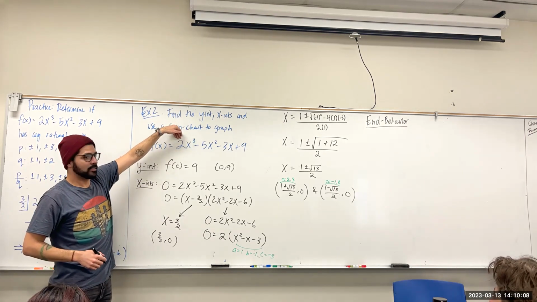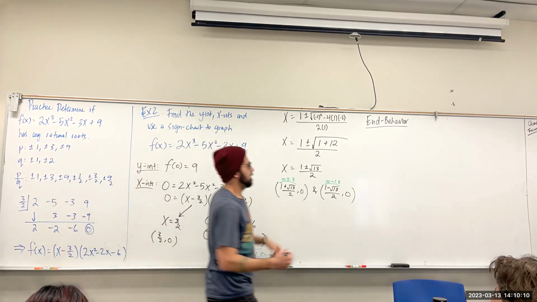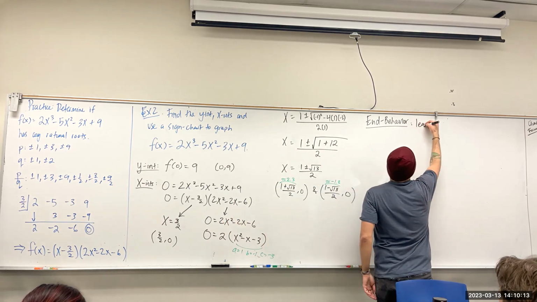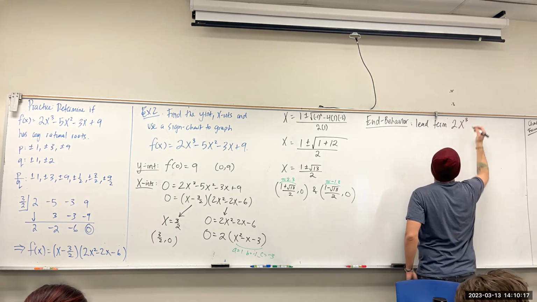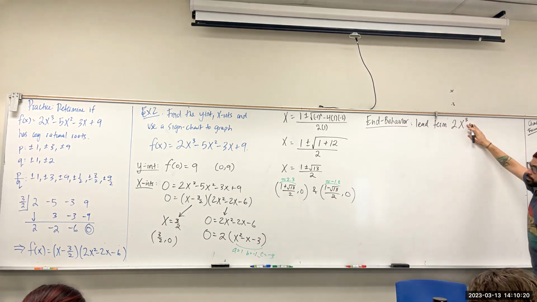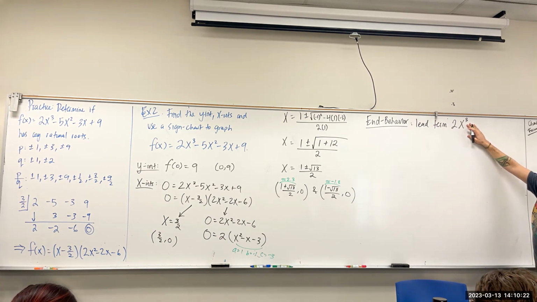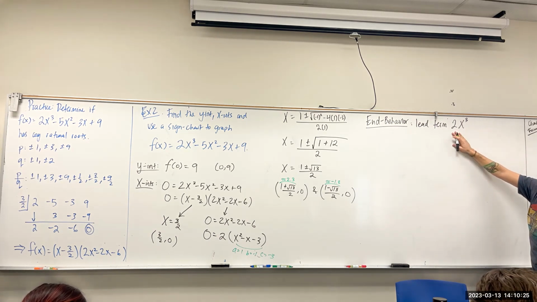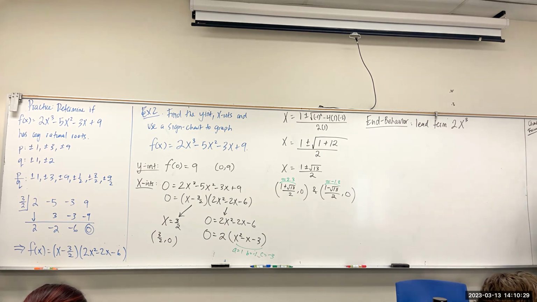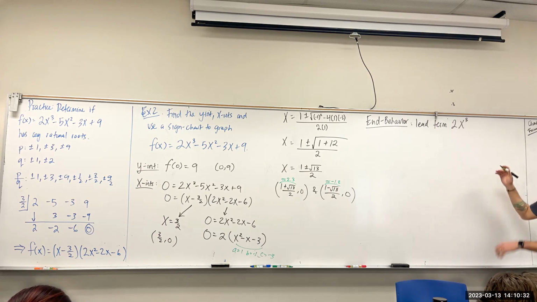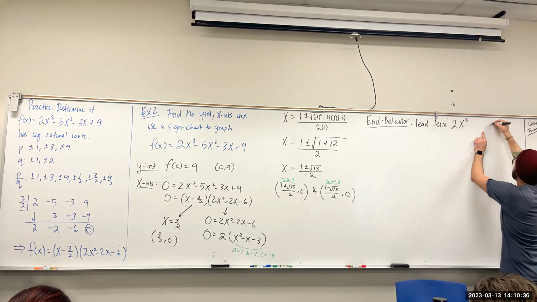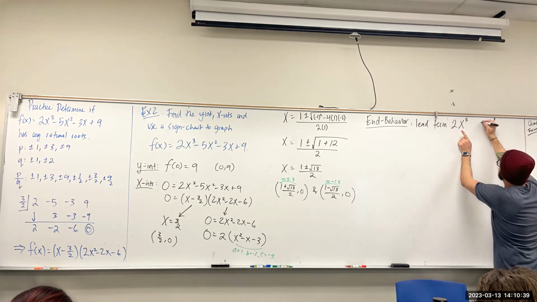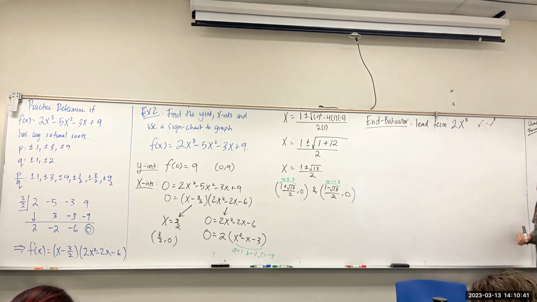So for this guy, you want to look at the leading term, 2x cubed. Degree is odd, and the leading coefficient positive. So hopefully you put it on your note sheet. Figure out the end behavior, what do the tails look like as I go to the right? So, up, and then down. We don't know what's in between.